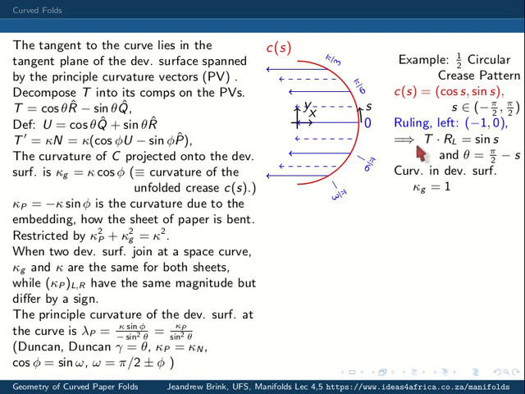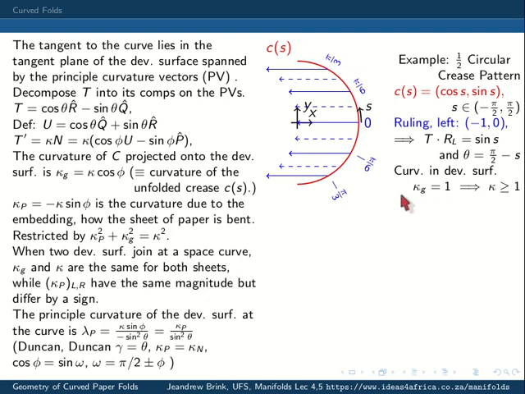Okay, so what I'm doing now is I'm basically extracting all the information I can extract just from my flat crease curve. Okay, and so the one thing it gives me is theta, which is the angle between the ruling and the curve. The second thing I get is the geodesic curvature, or the curvature of the unfolded crease, and that's my kappa g. Okay.